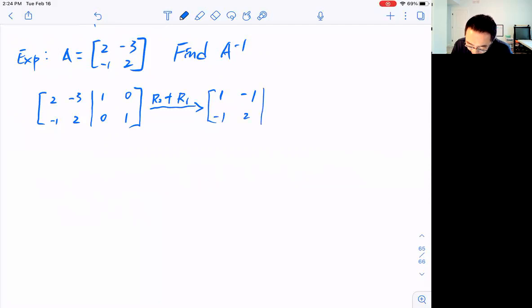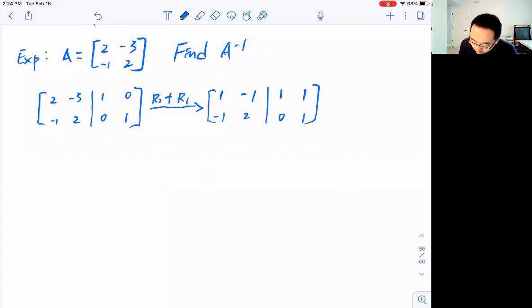Now, on the right-hand side, you do exactly the same operation. Here, 1 plus 0 is still 1. Then the second number, 0 plus 1, so that has become 1. Then you didn't do anything to the second row, so that remains the same.